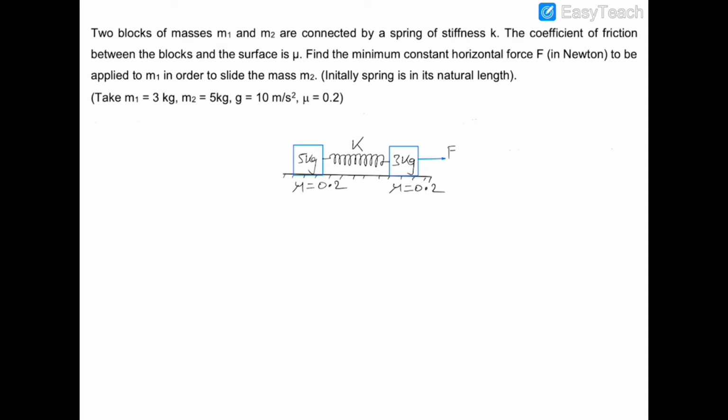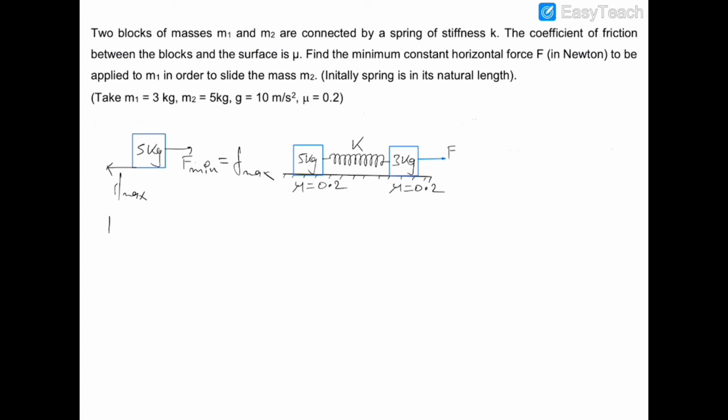Now starting from the reverse direction, the condition says that this 5 kg block needs to slide. So this 5 kg block will slide due to the spring force, and this spring force F minimum should be equal to the friction force, which is stopping this block from moving.